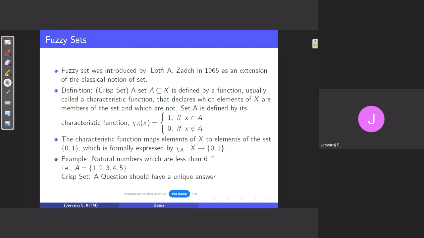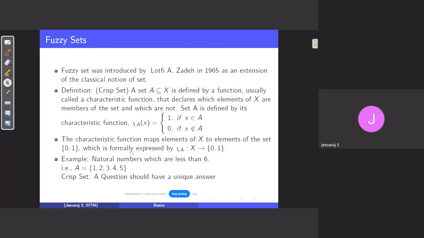as we have discussed about classical sets, one way of understanding a classical set is this: if there is a question, the question can have only one correct answer. For example, the set of natural numbers which are less than 6, right? What would be the answer to this question? It is nothing but the set consisting of 1 to 5.